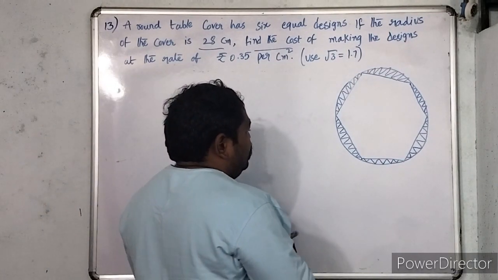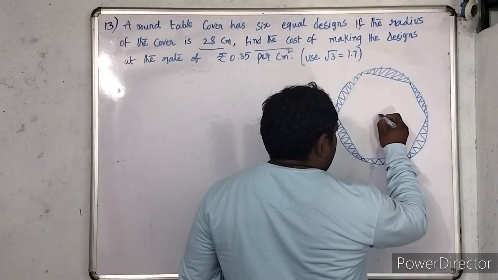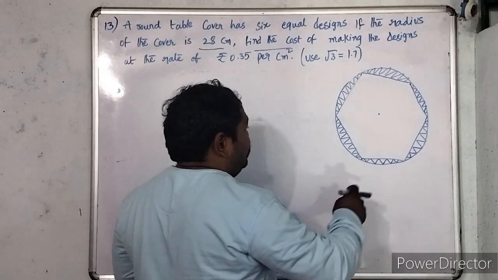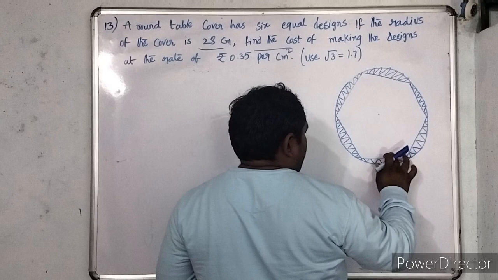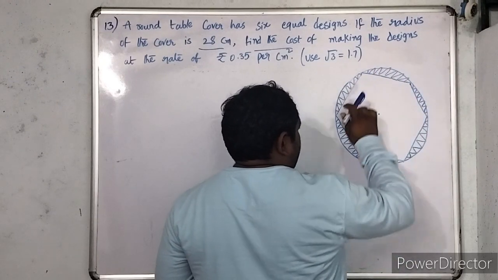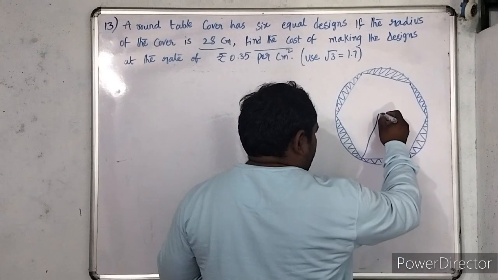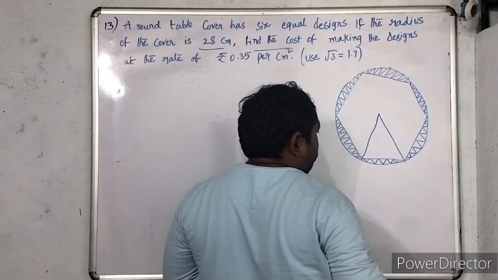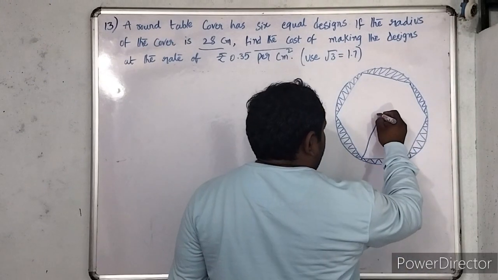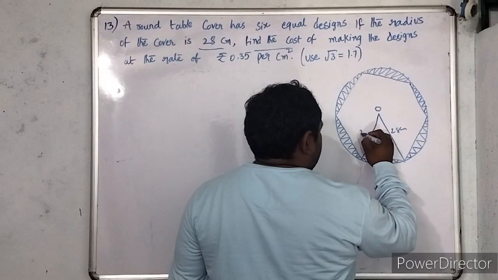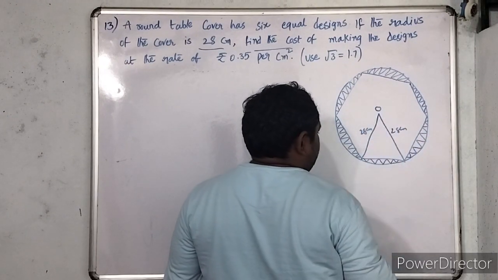Okay, this is the center of the circle. They have given this type of design. The design contains 6 sectors here. This is the center of the circle. If we draw 2 radiuses, this is 28 centimeters radius, this is 28 centimeters radius.